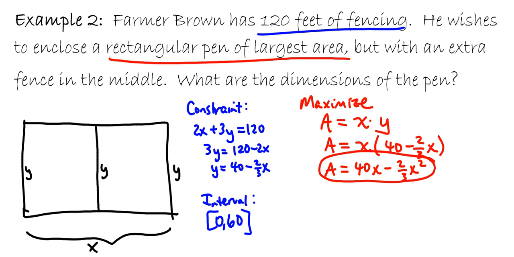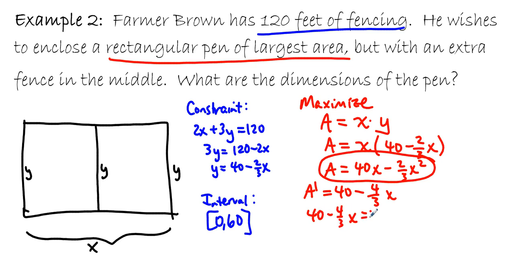So we're going to take the derivative, and we're going to see when that derivative equals 0. Because if this function is going to have a max on this closed interval, it's going to happen at 0 or at 60 or at some place in between 0 and 60 where the derivative is 0 or the derivative does not exist.